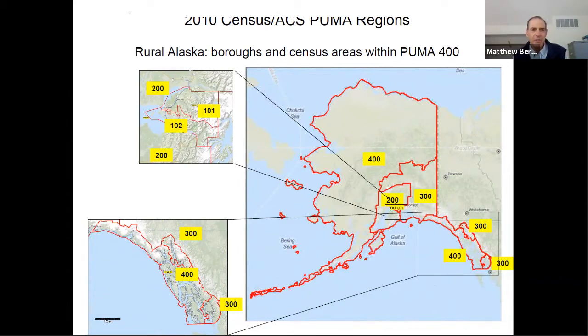And urban is really Anchorage, PUMA 100, but we also include 200 and 300. So basically everything else is considered urban, although most of the migration is between PUMA 400 and Anchorage, PUMA 100, 101, and 102. Okay, so next slide, please.